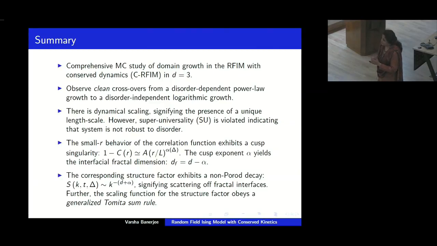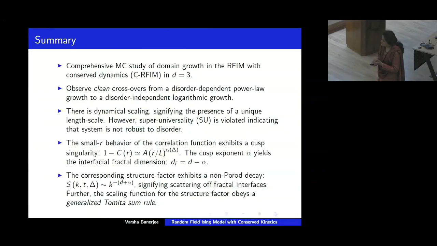And people always want to give mathematical forms to these structure factors. For some kinds of structure factors, there have been mathematical forms. The very well-known one is the OJK function, or the Ohta-Jasnow-Kawasaki function. But for this particular case, there's no mathematical functional form.